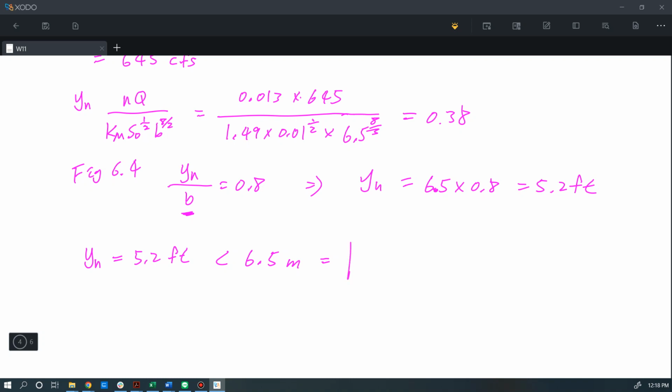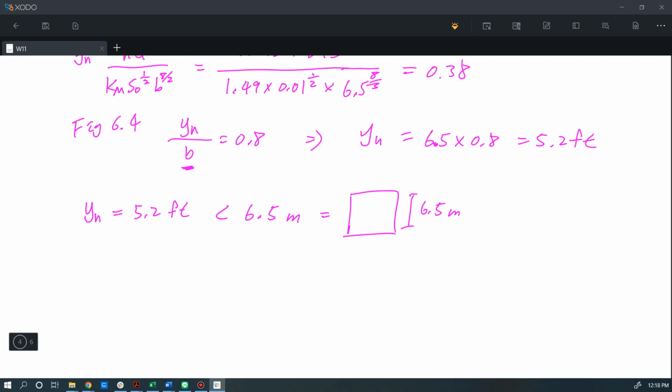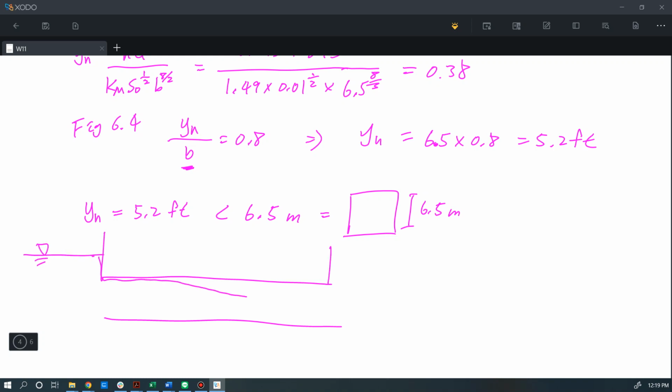Let's just draw this out. So here will be the normal depth, and here is the opening 6.5.